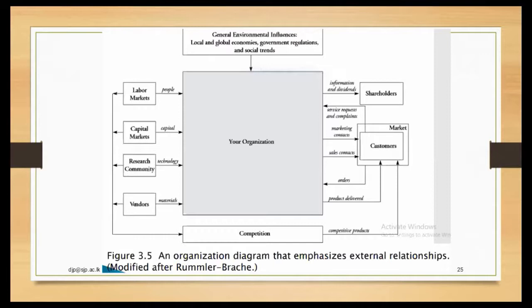As customers and the market, they give the organization orders. Whatever products they need, whatever service they require, they communicate it to your organization. Then from your end, once you get the order, you make the products within the organization and you deliver the finished product.